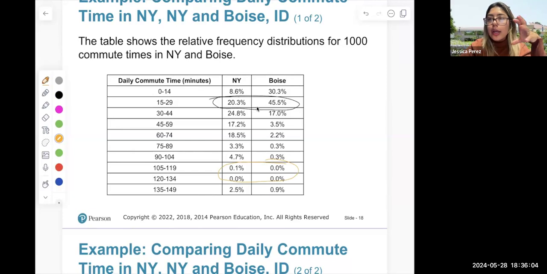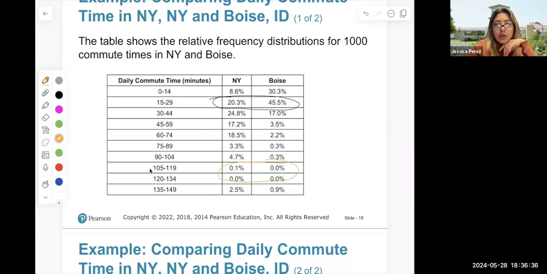What is the piece of data that I want to take out from this? We're going to see that in Boise, it takes from 15 to 29 minutes to commute, whereas in New York it's 24.8% versus 17%. So notice that the commuting times are longer in New York than Boise.